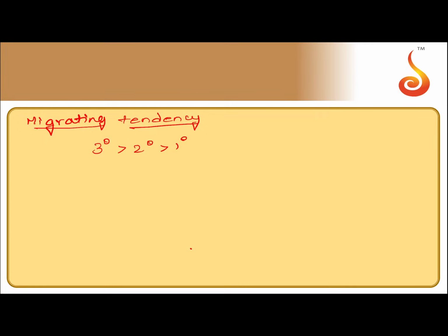Tertiary greater than secondary greater than primary. If the ketone is a dialkyl ketone, the migrating tendency will be more for a group which is more electron releasing. So the migrating tendency of tertiary alkyl group will be more than secondary, more than primary, if it is an unsymmetric dialkyl ketone.